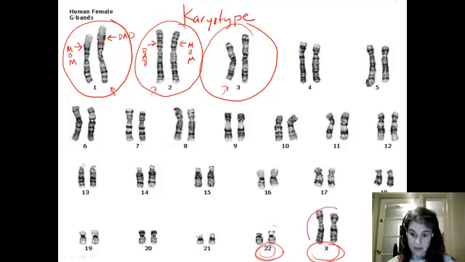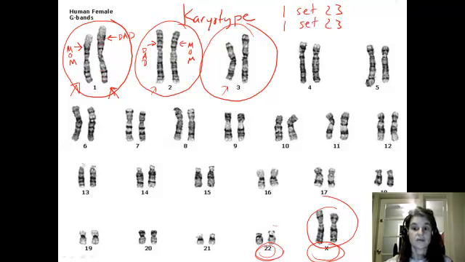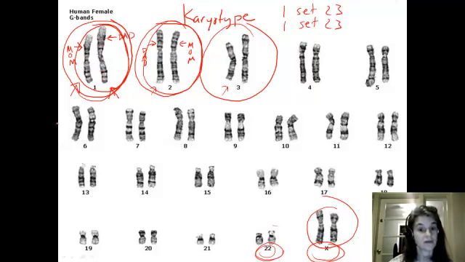And for each pair, your mom would have given you one chromosome, your dad would have given you the other one. So she sent one set of 23, and dad sent the other set of 23, and so you have, if you count them all, 46 total. But they are arranged in pairs, just like pairs of shoes, and mom would have given you one shoe and dad gave you the other shoe, so that you end up with 23 pairs of shoes, or 46 shoes total.